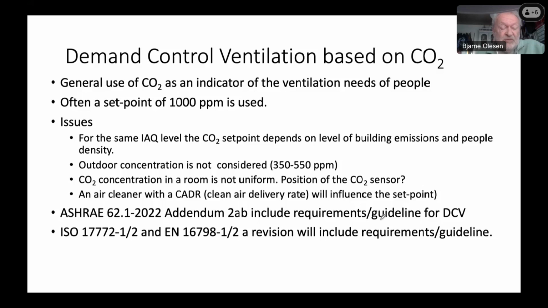Outdoor concentration, we in the standard take care of by using the difference between indoor and outdoor as our index. Then the position of the CO2 sensor can be critical, and air cleaning, if they have a clean air delivery rate, that may also influence the set point.